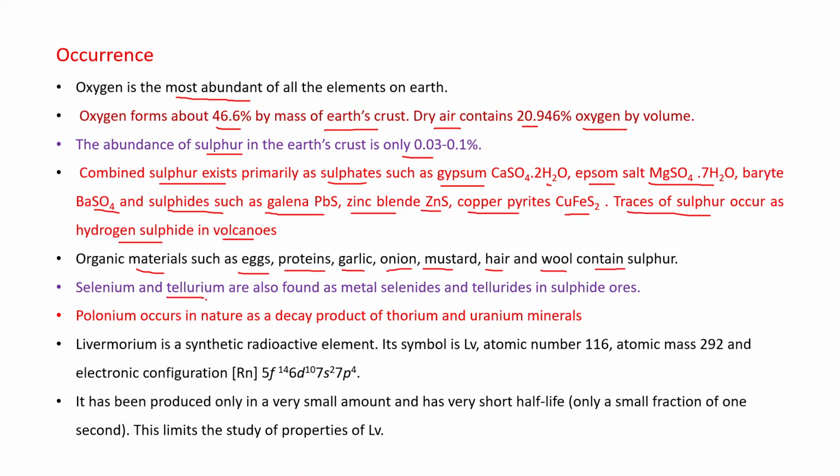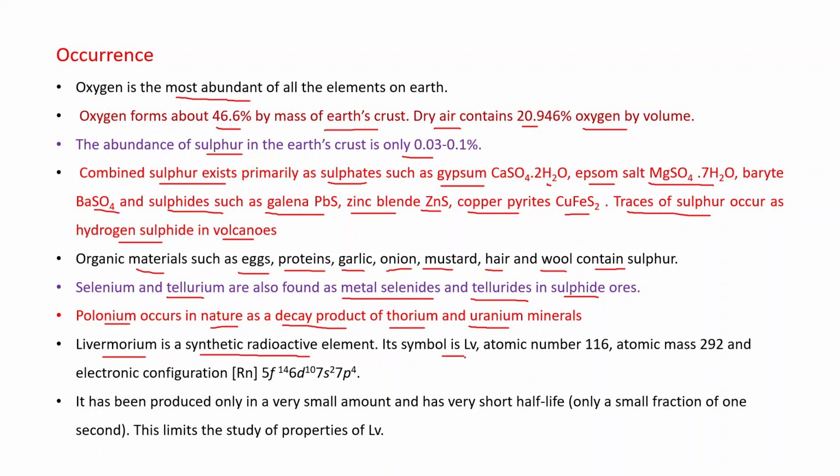Selenium and tellurium are also found as metal selenides and tellurides in sulfide ores. Polonium occurs in nature as a decay product of thorium and uranium. Livermorium is a synthetic radioactive element.